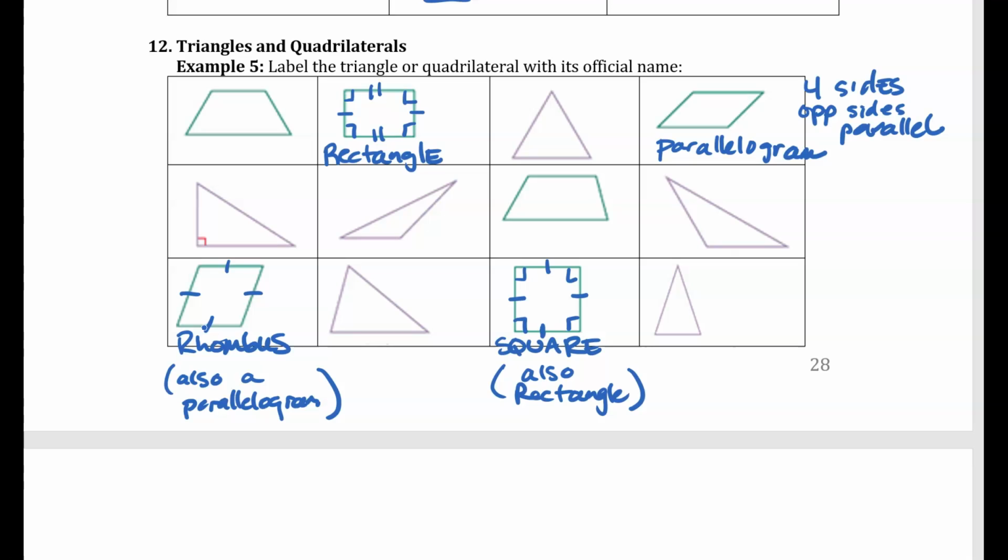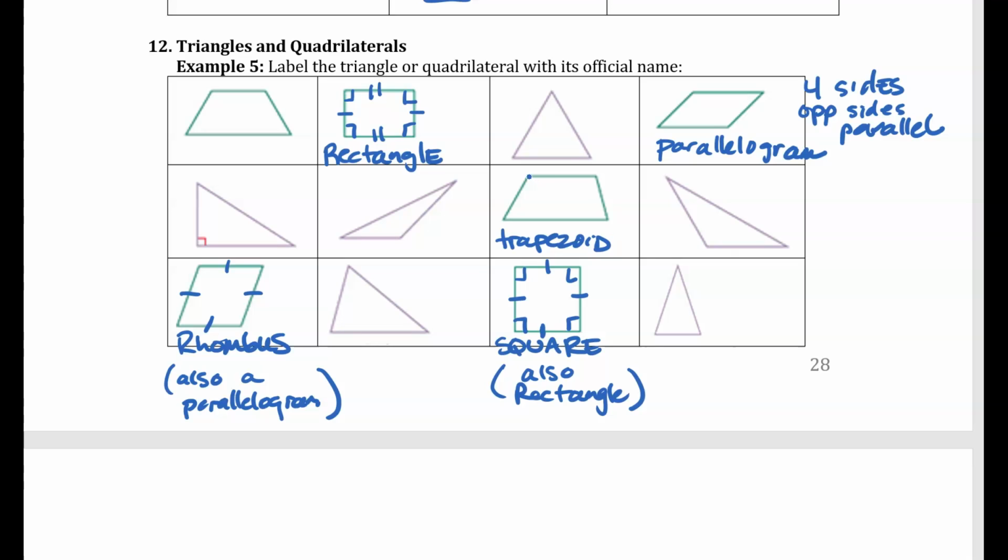And then let's talk about trapezoids. So there's 2 trapezoids on here. They're the other green shape. One of them is an isosceles trapezoid and the other one is just regular. So let's first talk about just a regular trapezoid. If you look on the next page at the description for trapezoids, it's exactly 1 pair of opposite sides that are parallel.